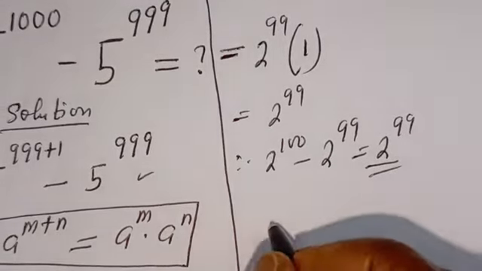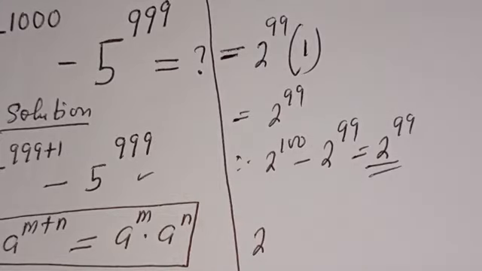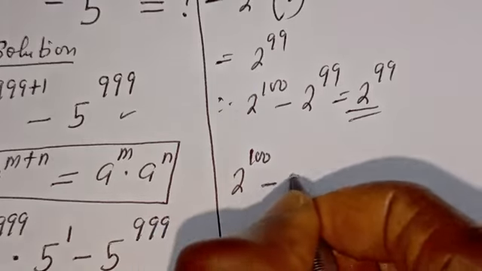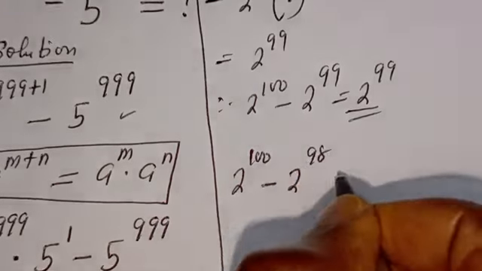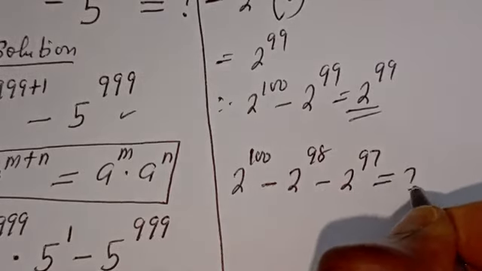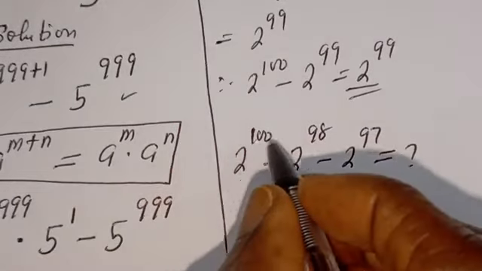If you have 2 to the power of 100 minus 2 to the power of 98 minus 2 to the power of 97, what is the answer? Then here now, this is 97.